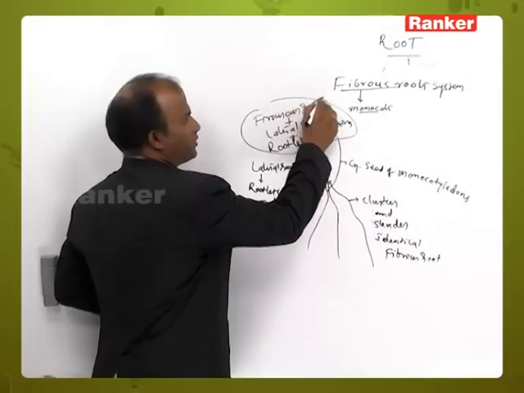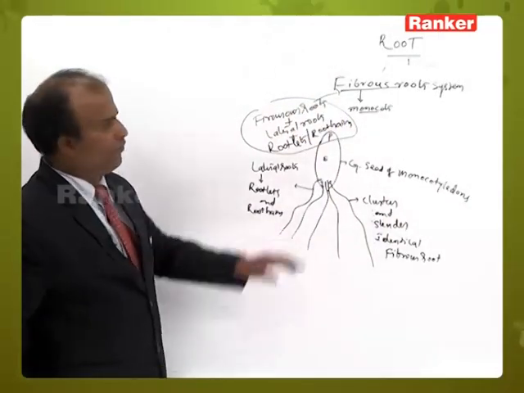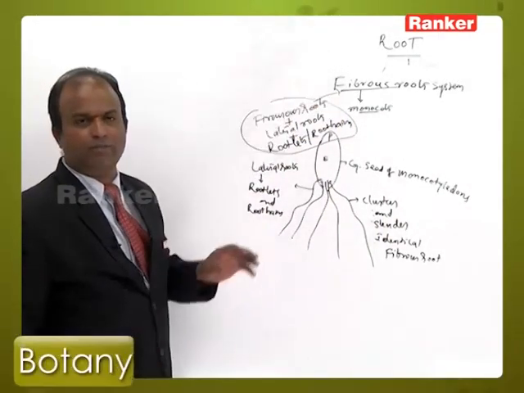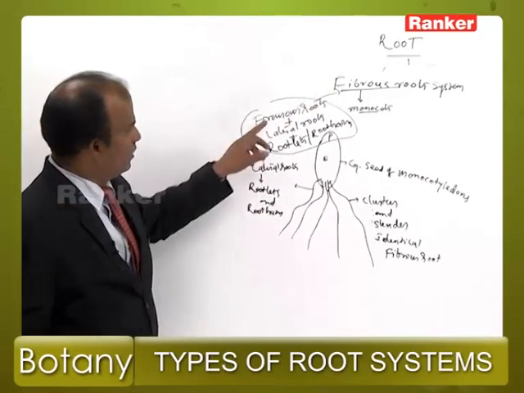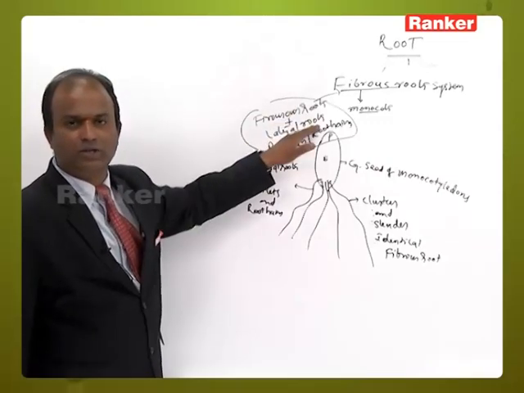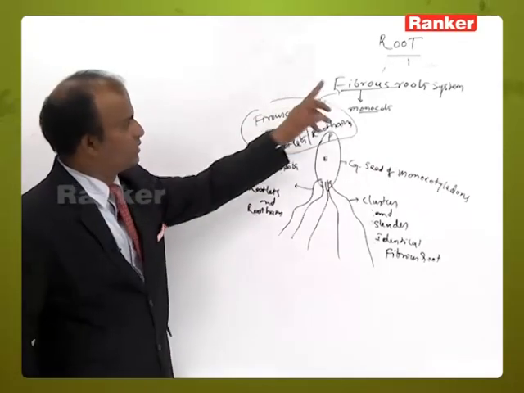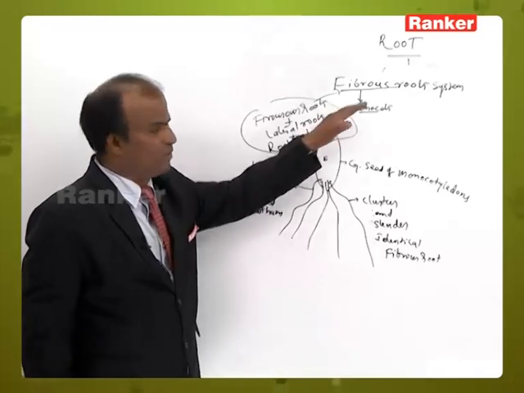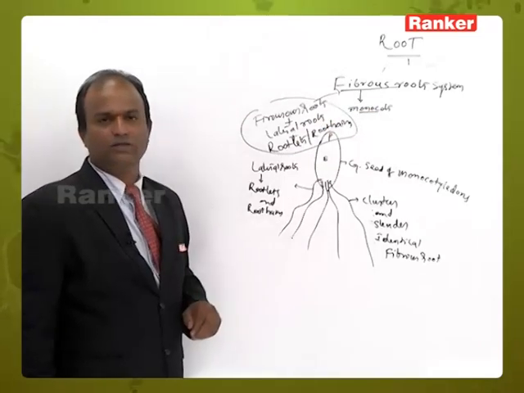Altogether it is called the fibrous root system, which can be seen in monocots.